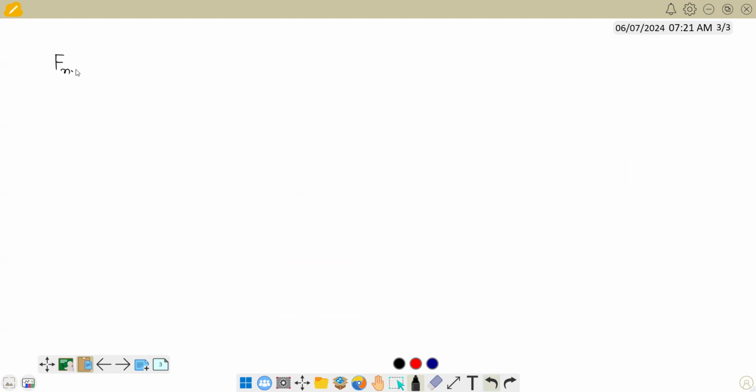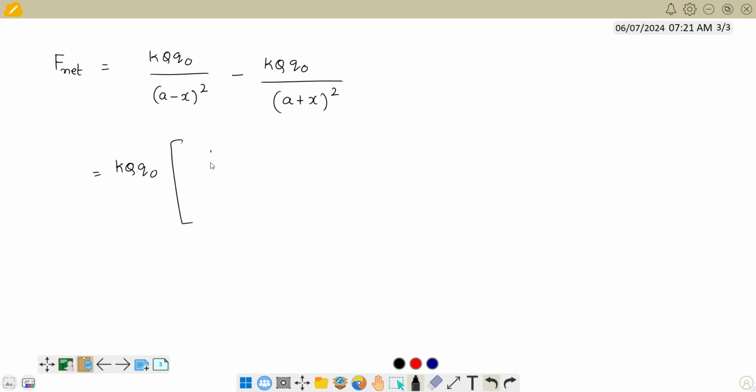So net force will be k q naught by (a minus x) whole square minus k q naught by (a plus x) whole square. If we take k q naught common, we will have 1 by (a minus x) whole square minus 1 by (a plus x) whole square.